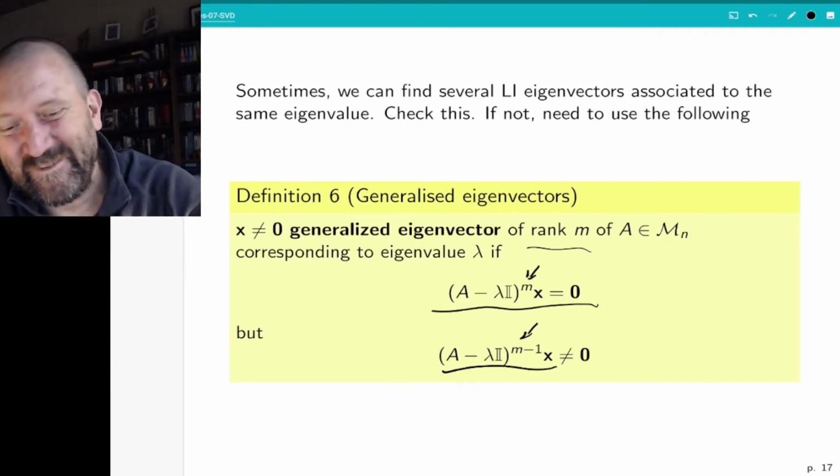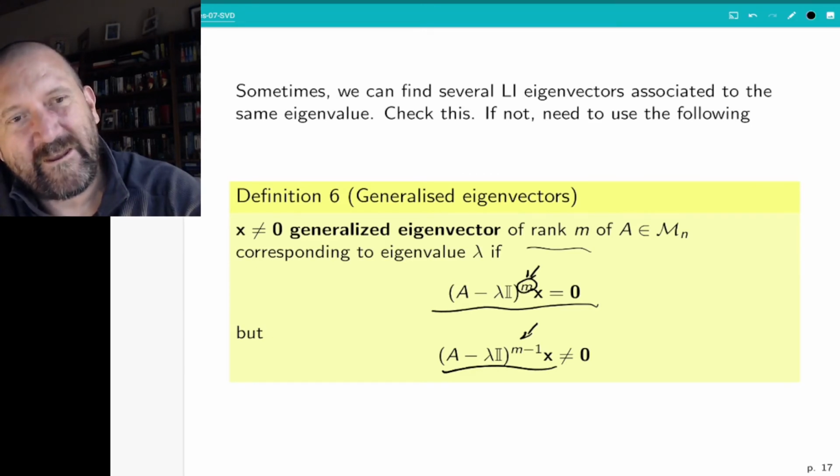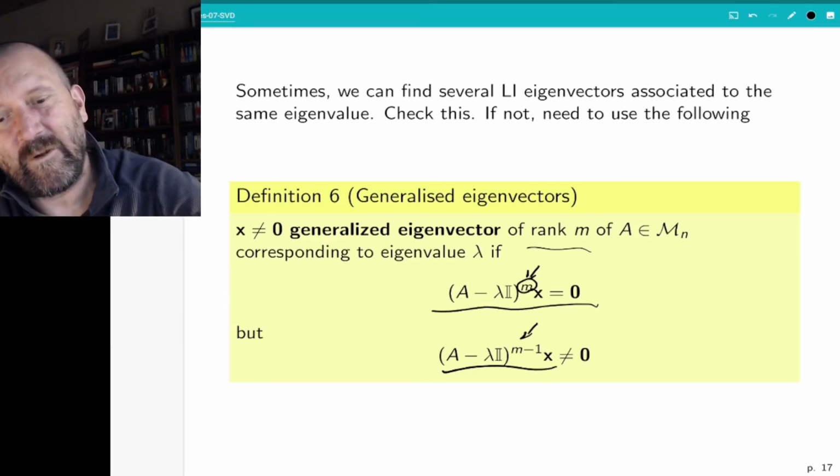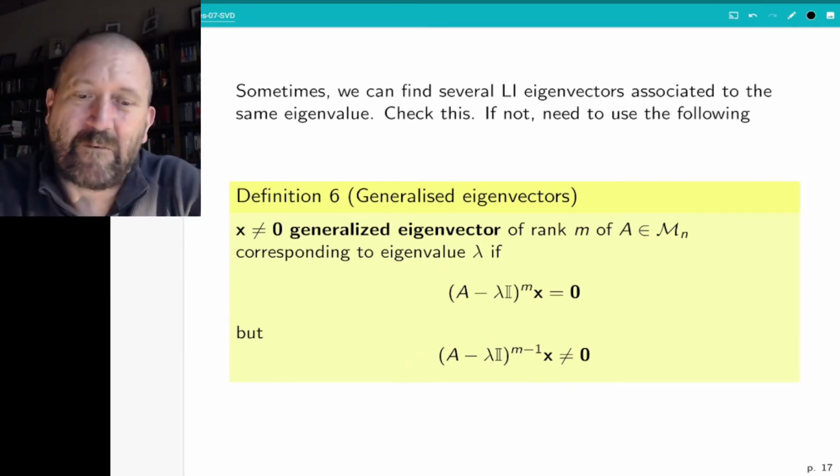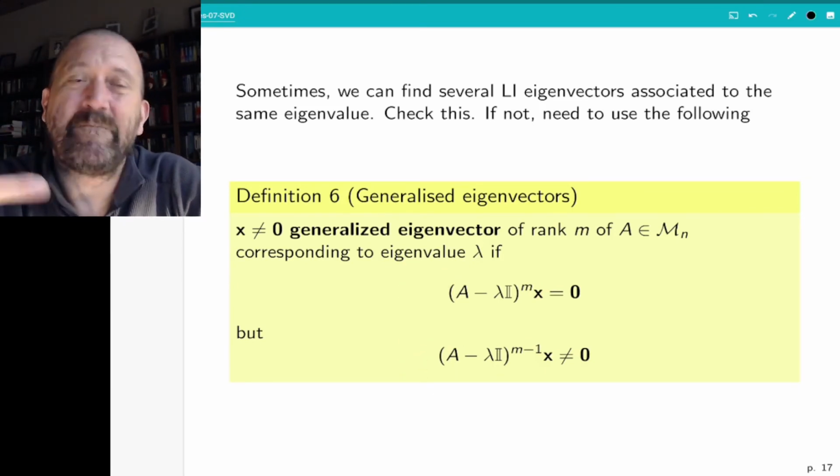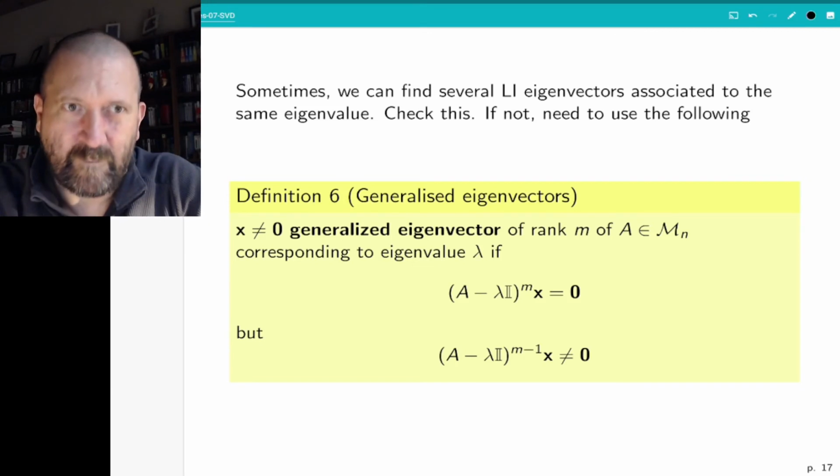Okay, you see this index, this power here. So it's rank m if this is true, but it is false for any power of A minus lambda I less than m.